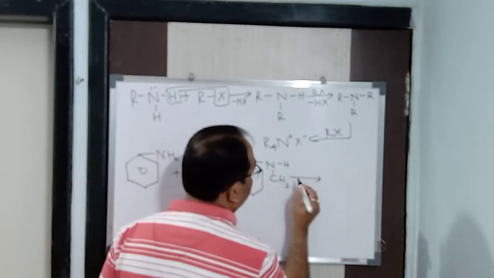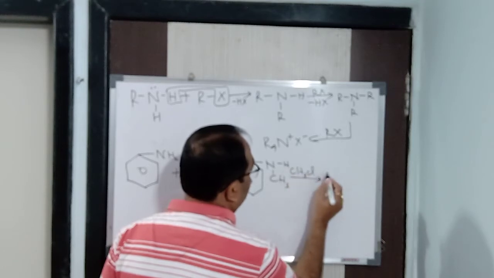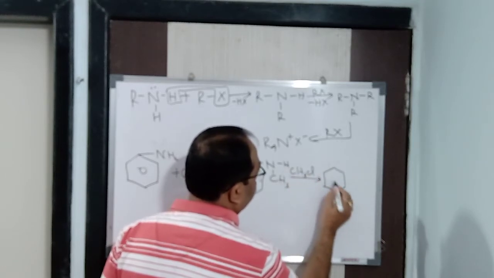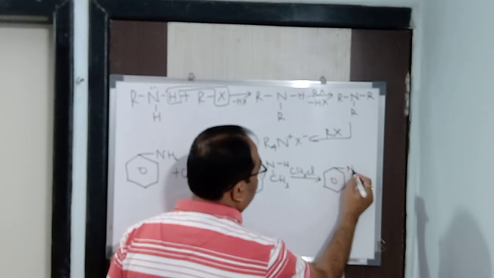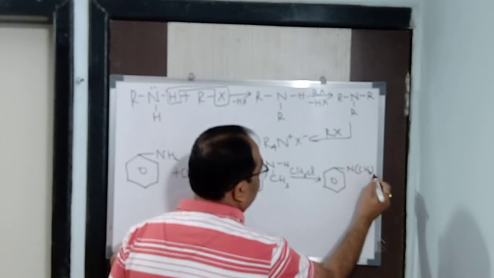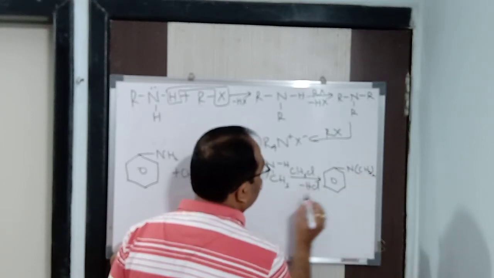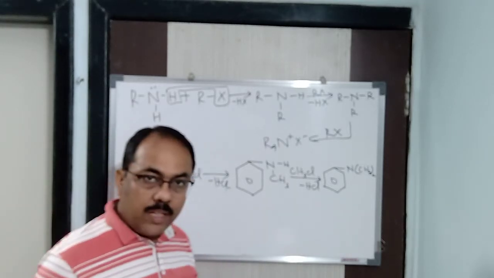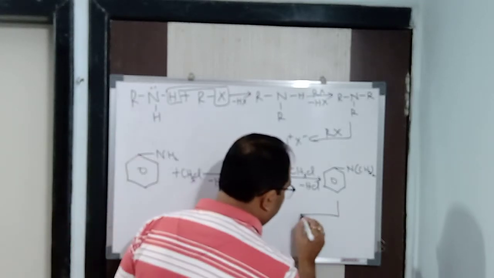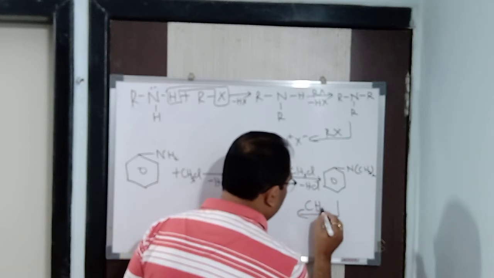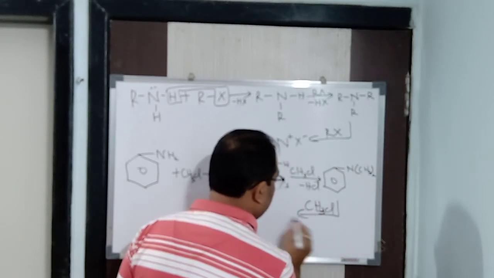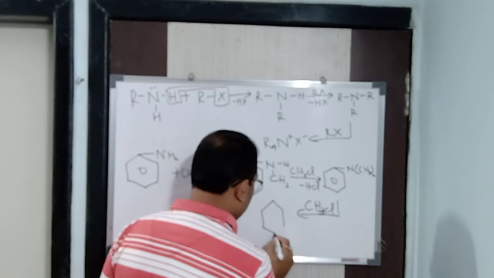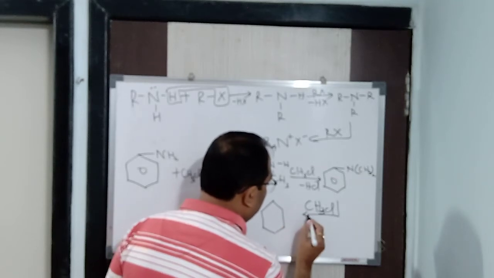Again it reacts with CH3Cl to form N(CH3) whole twice, and again here it is minus HCl. Clear? Again it will react with CH3Cl. Let me make it shorter.